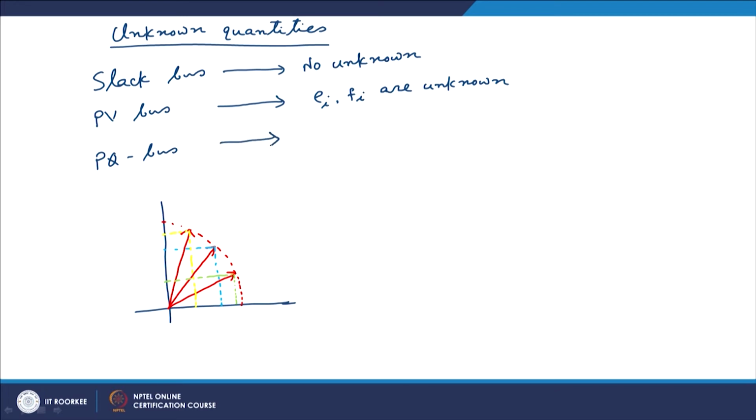And at the PQ bus we only pre-specify the real power as well as the reactive power. We pre-specify neither the bus voltage magnitude nor the angle. So, both Ei and Fi are unknown.